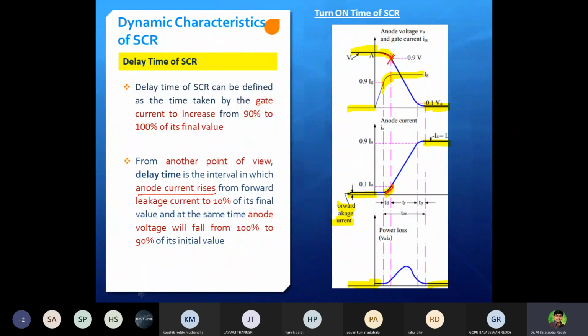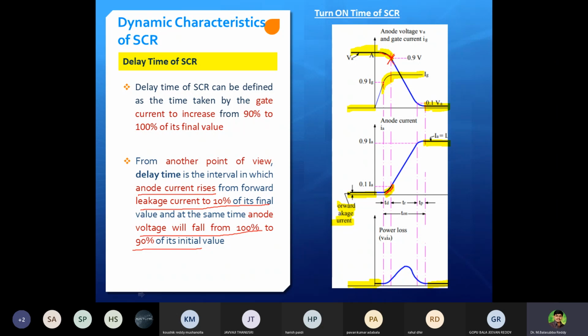Anode current rises from forward leakage current to 10 percent of its final value, and at the same time the voltage falls from 100 percent to 90 percent of its final value. So either one is also sufficient.